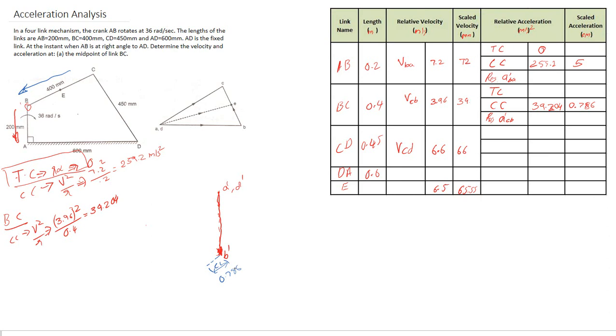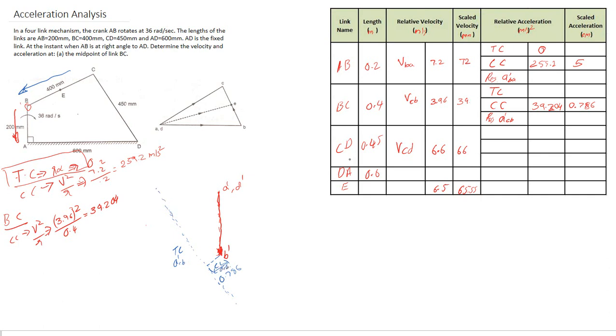Next, I know that the tangential component is perpendicular to the centripetal component, right? So I am just drawing a perpendicular dotted line, and this will be the tangential component of acceleration of CB, and this is the centripetal component of acceleration A dash CB.